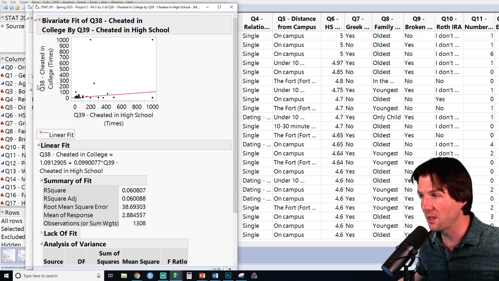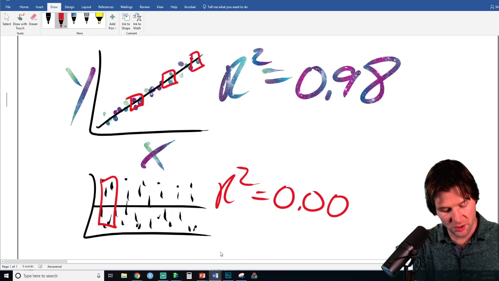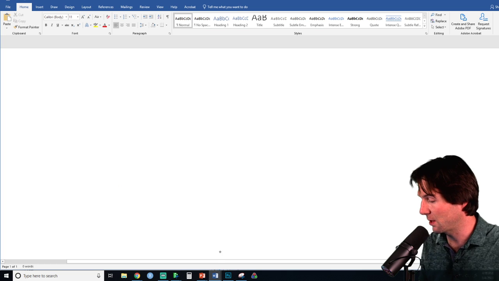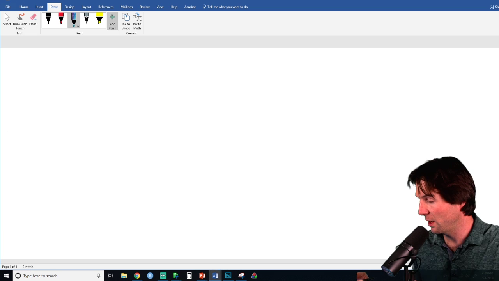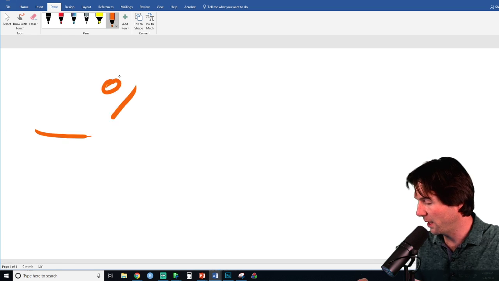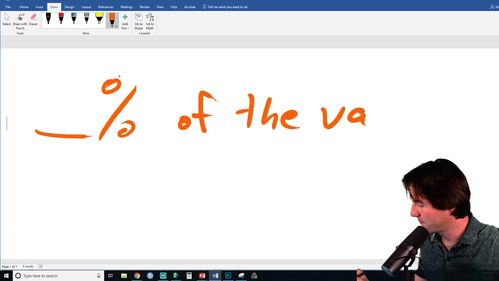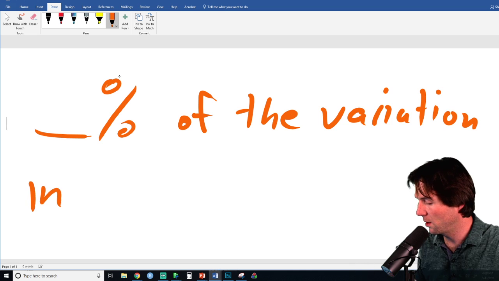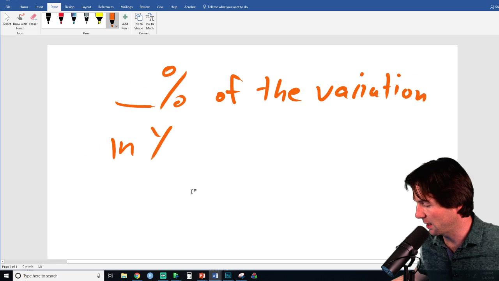Now I want to see some people typing this in the chat. Blank percent of the variation in y can be explained by the variation in x. So let me write this again right here. This is R squared. R squared is, and we're going to bring in the orange pen again. I see some questions in the chat. Blank percent of the variation in y can be explained by the variation in x.